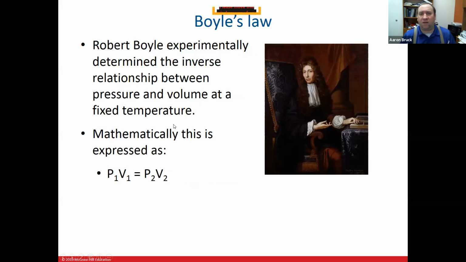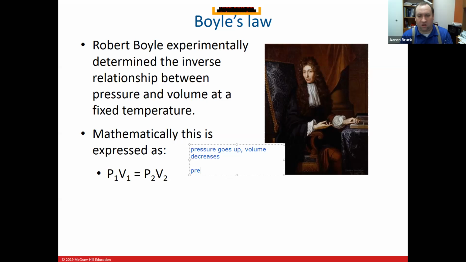All right, let's look at the gas laws themselves now. So Boyle's law. Boyle is Robert Boyle, an English physicist, who experimentally determined the relationship between pressure and volume at a constant temperature. And what he said is that the pressure and the volume of a gas are inversely related. That means that when the pressure increases, the volume decreases.